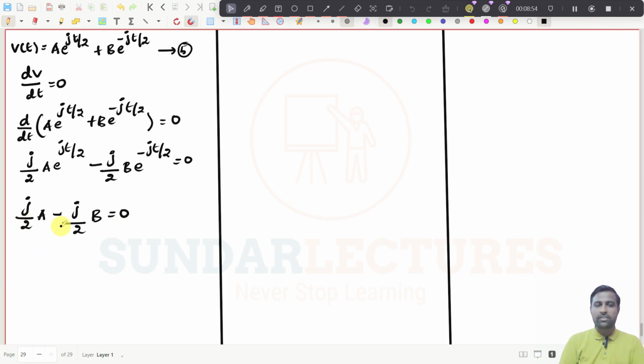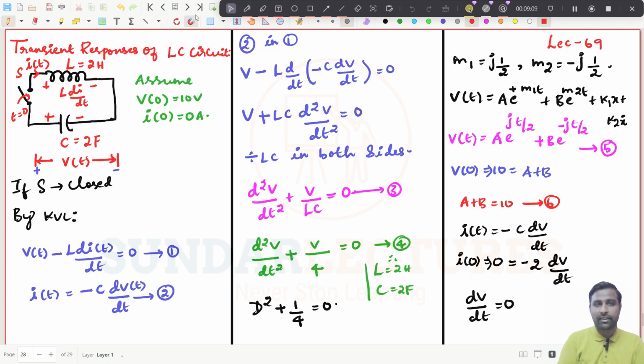If you take j by 2 outside, it will be a minus b into j by 2 equal to 0, and j by 2 will become 0, right? So the next expression will be a minus b equal to 0. I will make this expression number 7.